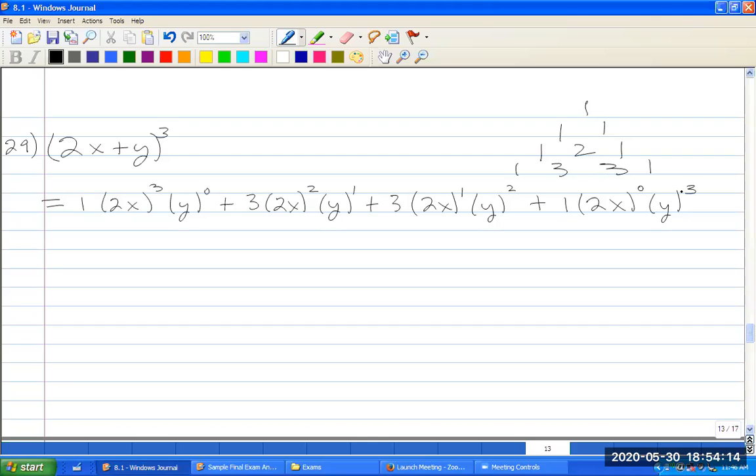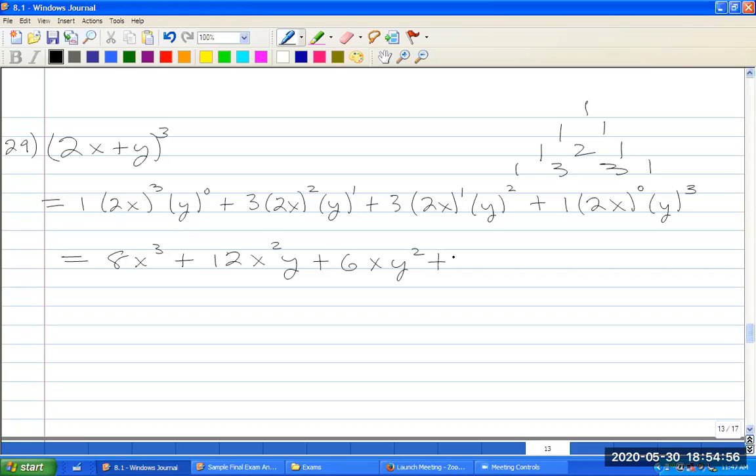And so this is equal to 2 cubed is 8. Maybe I will just write the answer. 2 cubed is 8, y to the 0 is just 1. 2 squared is 4, times 3 is 12, x squared y. 2 times 3 is 6.